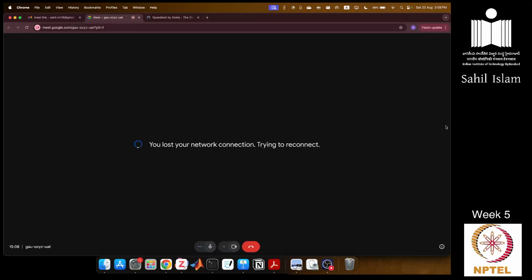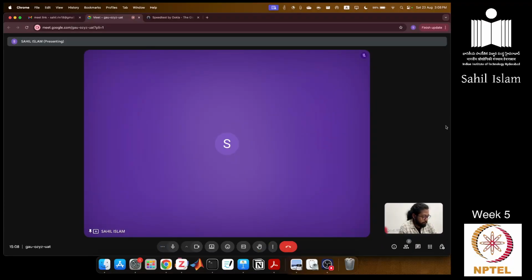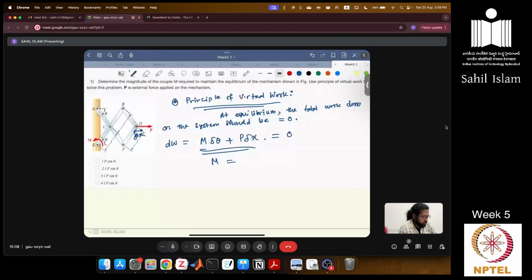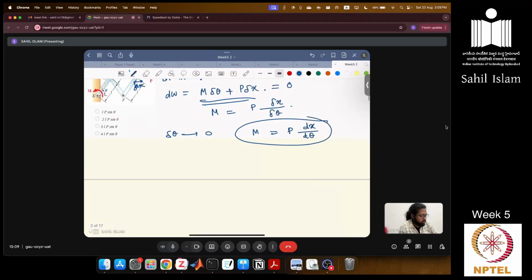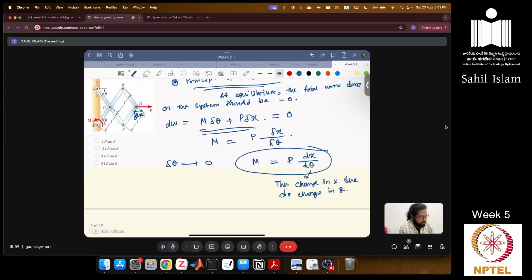So this is the work done. If this is 0, the couple M becomes P delta x by delta theta. Now for delta theta tending to the limit of 0, this couple becomes P dx by d theta. So this is the couple. We have to find out the change in x due to change in theta. This is what we will have to find out.